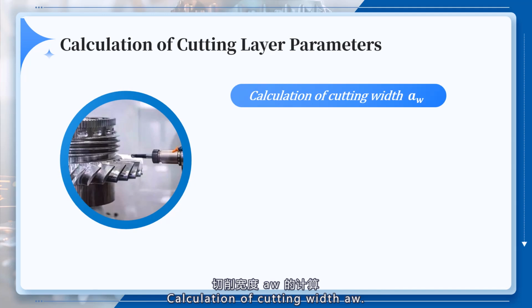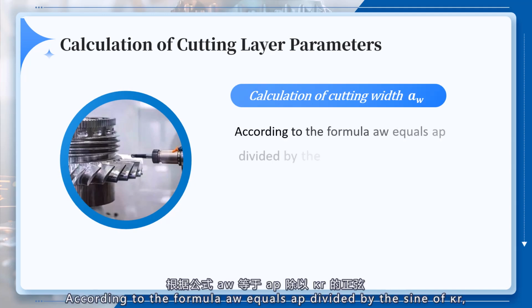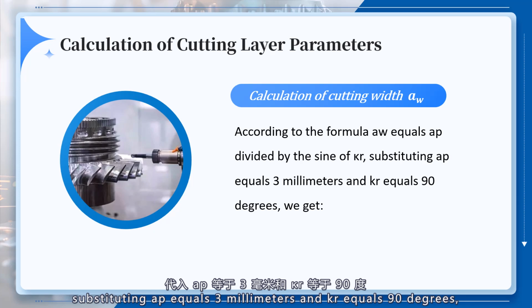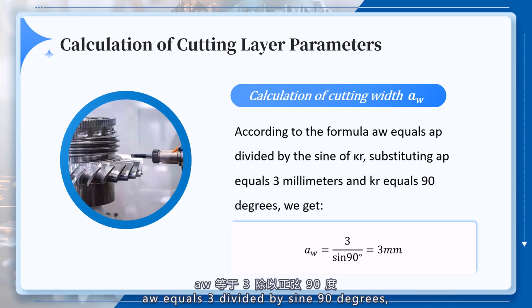Calculation of cutting width AW. According to the formula, AW equals AP divided by the sine of kappa. Substituting AP equals 3 mm and KR equals 90 degrees, we get AW equals 3 divided by sine 90 degrees, which equals 3 mm.